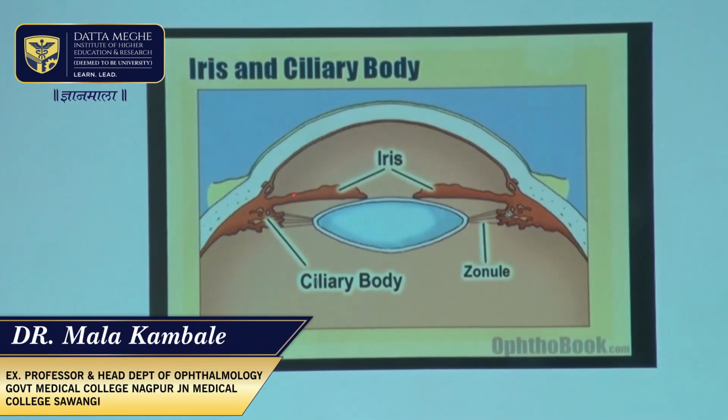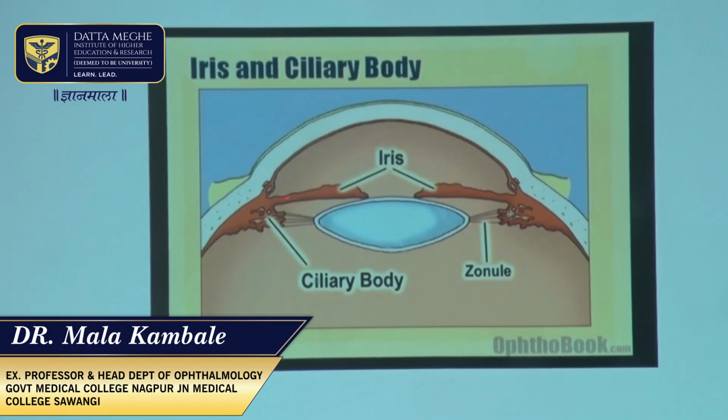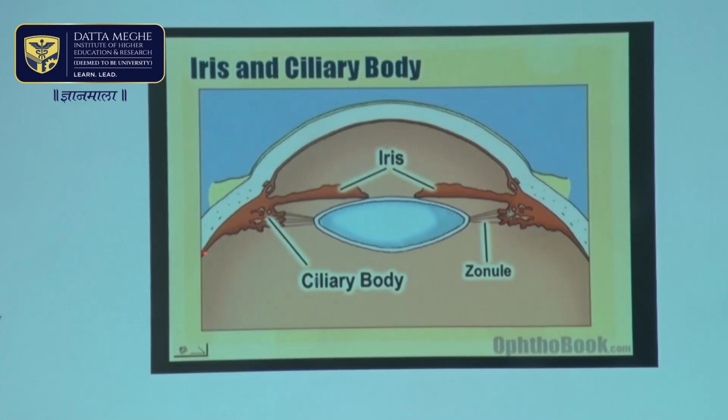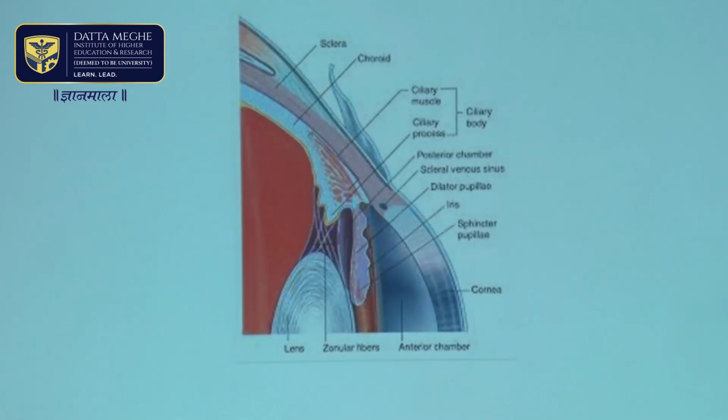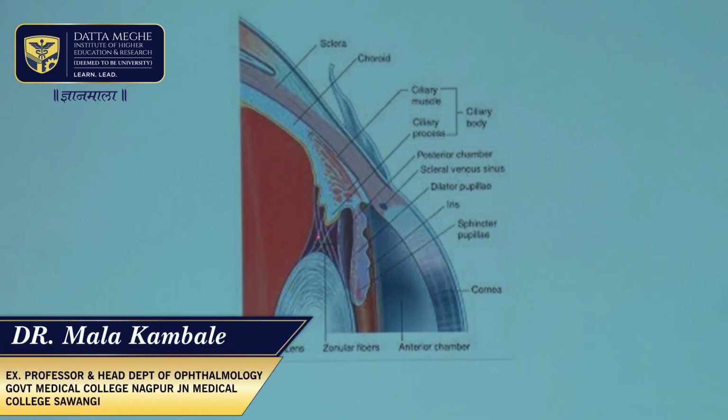It is continuous with the iris and continuous with the choroid posteriorly. Ciliary muscle, you can see it here occupying the maximum part of the ciliary body, and these are the ciliary processes which are attached to the lens via the zonules.